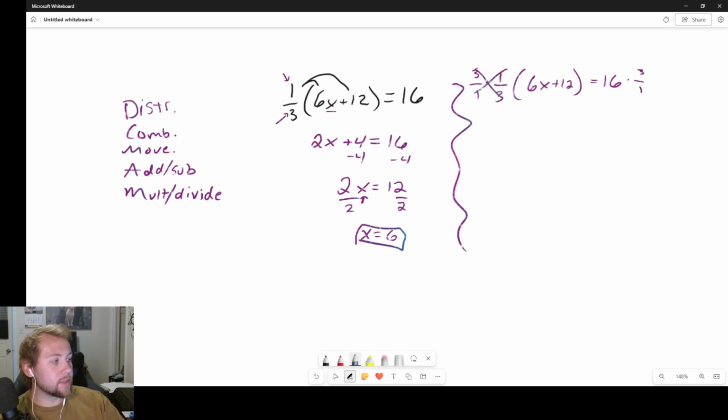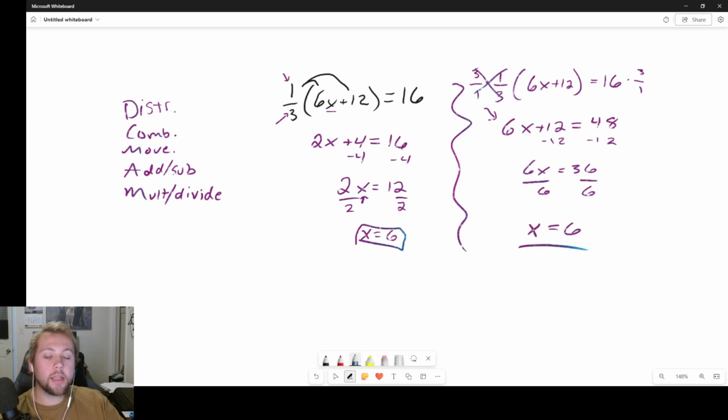That will cancel this out. You'll get 6x plus 12 is equal to 16 times 3, which is 48. And then you can solve the problem that way too, because this is still just a two-step equation. You subtract 12 on both sides, and you get 6x is equal to 36. And divide by 6 on both sides, and you get x equals 6.